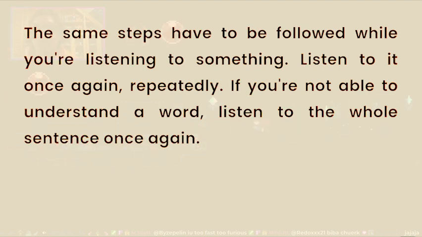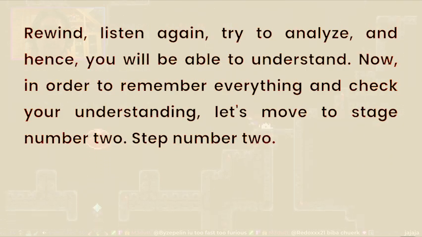Listen to it once again, repeatedly. If you're not able to understand a word, listen to the whole sentence once again. Rewind, listen again, try to analyze, and hence you will be able to understand. Now, in order to remember everything and check your understanding, let's move to stage number 2.